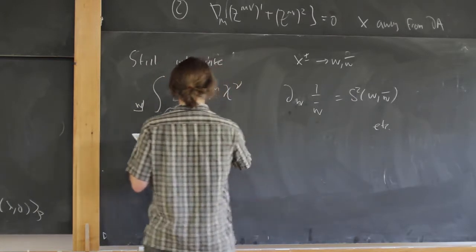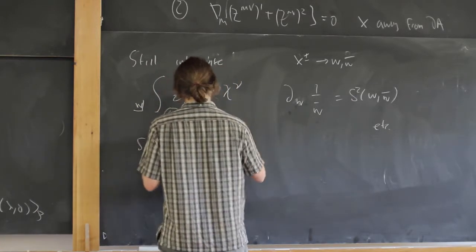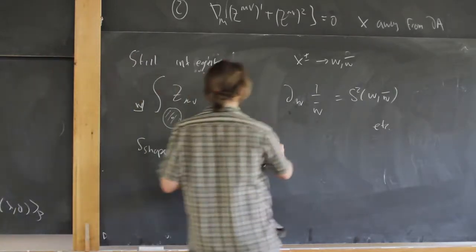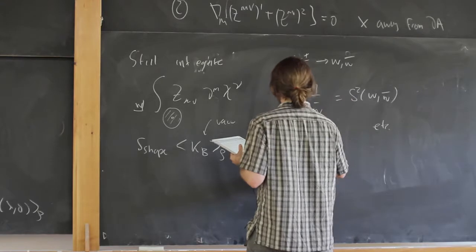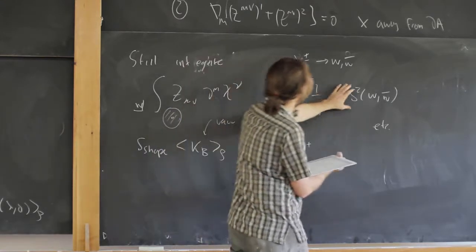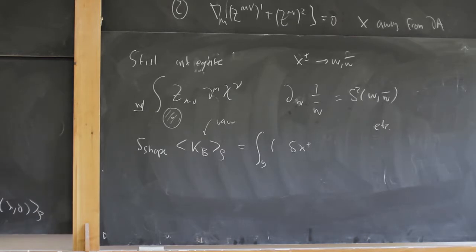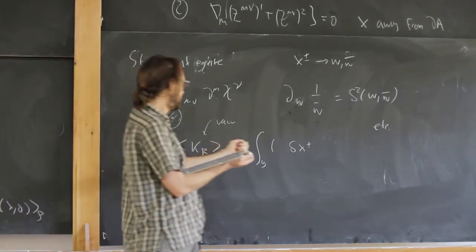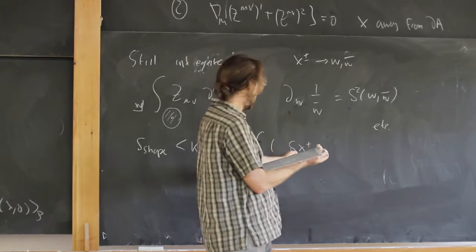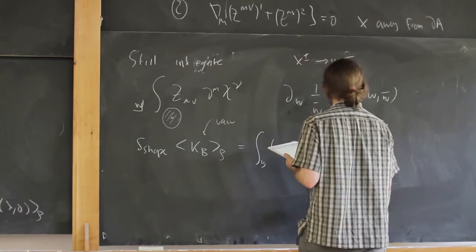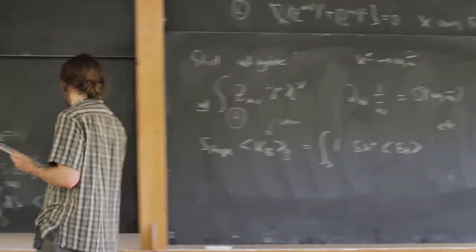So this is for the vacuum, remember? Is, well, I factored out the y integral, but let's put it back. So we have the y integral. The delta function gives a contribution from the shape deformation at the origin. And what is the shape deformation at the origin? It's the deformation that we're interested in, which is just delta x plus. You get the expectation value of this operator here.